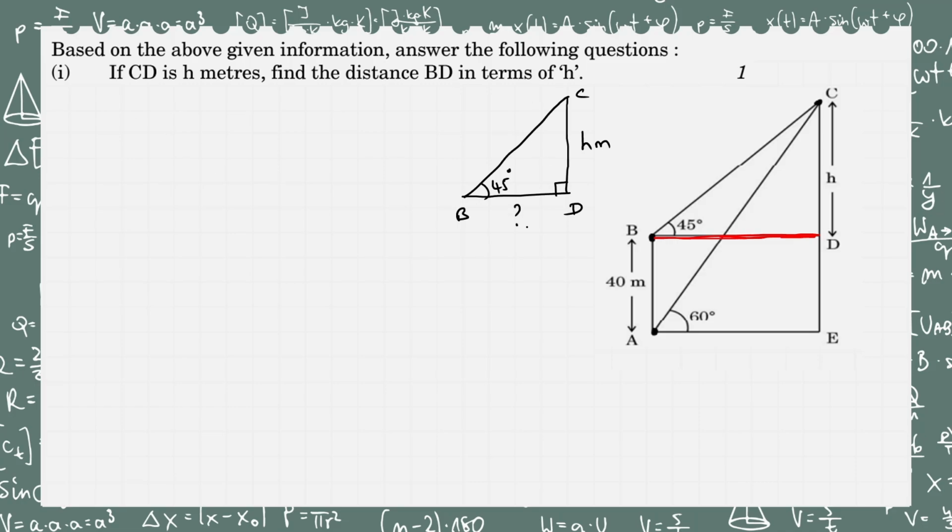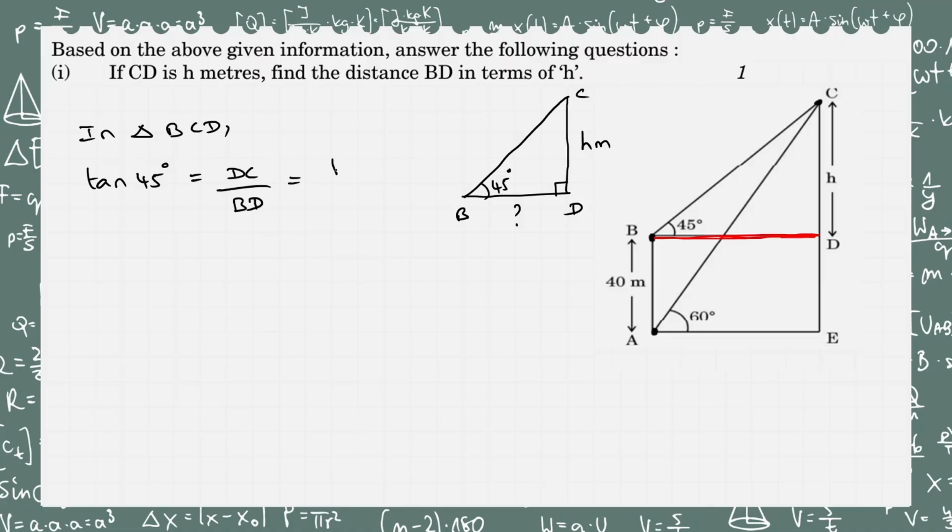We want the base value and we know the perpendicular's value already. So the trigonometric ratio which connects the perpendicular and the base will be tan or cot, right? So we are going to use tan of 45 here in triangle BCD. Tan 45 degrees equals DC divided by BD, right?